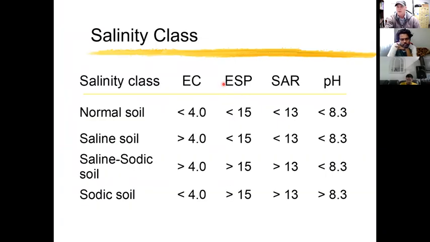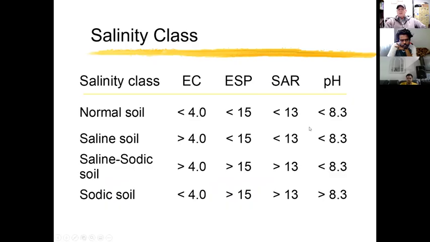So ESP, this is our measure of exchangeable sodium. You'll notice that when we move into the world of saline sodic and sodic, ESPs can be greater than 15. Below that, it could be saline or it could be normal. Same thing with the SAR. The SAR is identical, except we use a value of 13 as the cutoff.